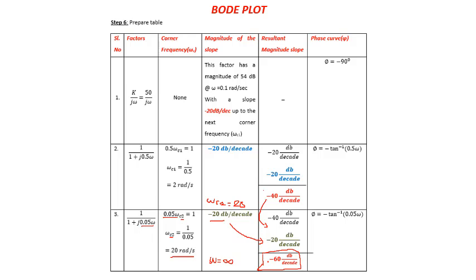The next magnitude line will have a slope of minus 60 dB per decade from 20 radians per second till infinity.